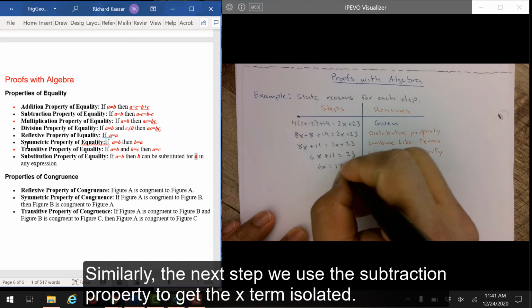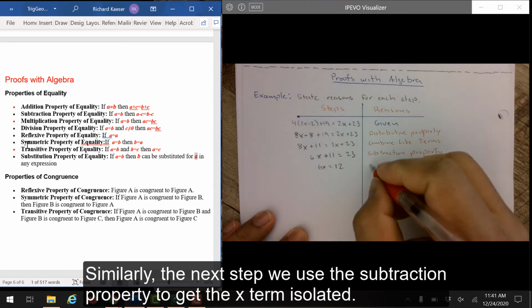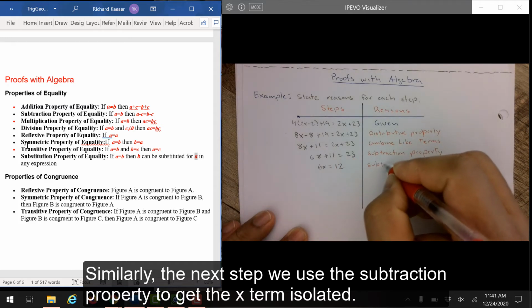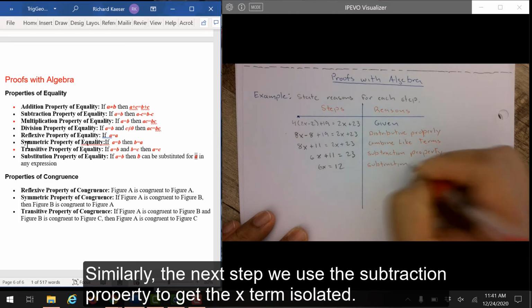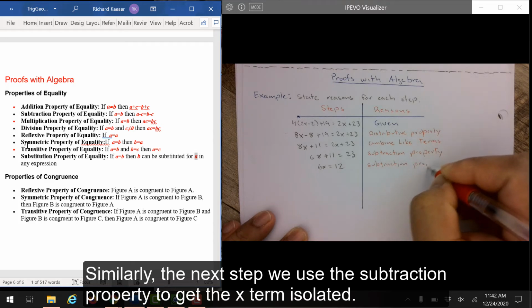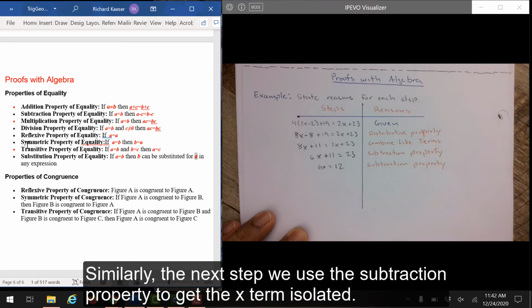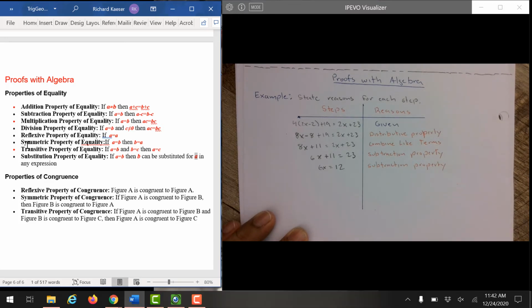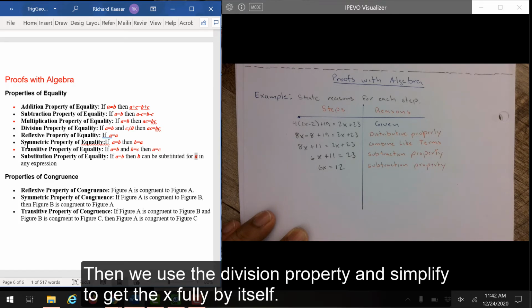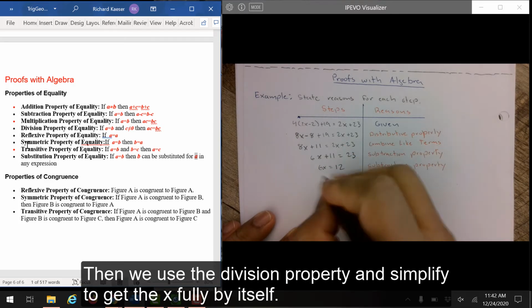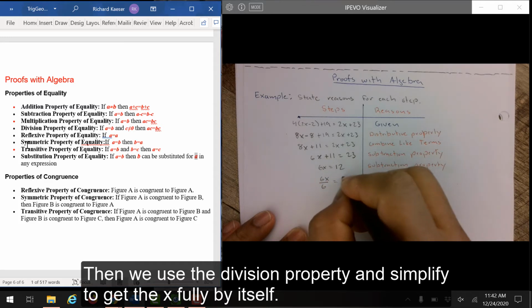Similarly, the next step we use the subtraction property to get the x term isolated. Then we use the division property and simplify to get x fully by itself.